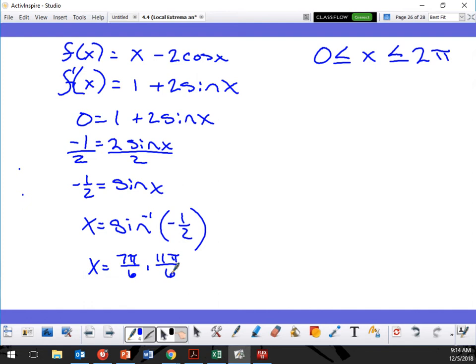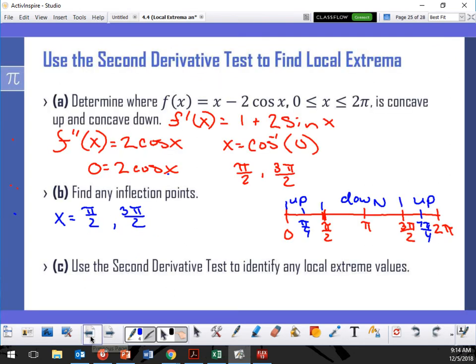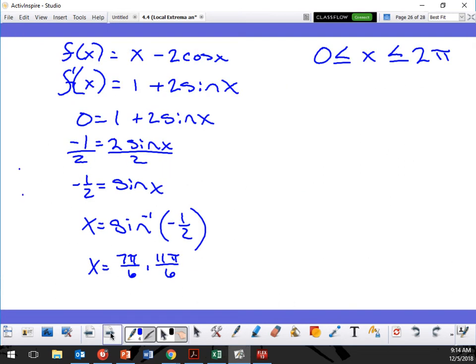This is the second derivative test. It's going to tell me if it's a min or a max, because of concavity and all that. So let's plug 7 pi over 6 into the second derivative. The second derivative was right here, 2 cosine x.